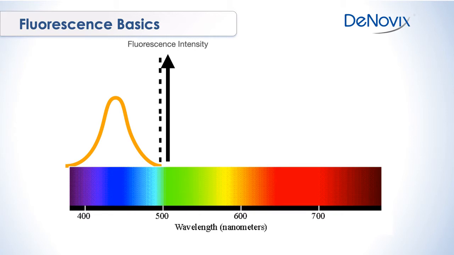And the important point here is that when we are choosing our hardware for fluorescence assays, it's important to try and get the excitation as close as we can to the maximum peak for the excitation of the fluorophore in order to get the maximum sensitivity out of the assay.